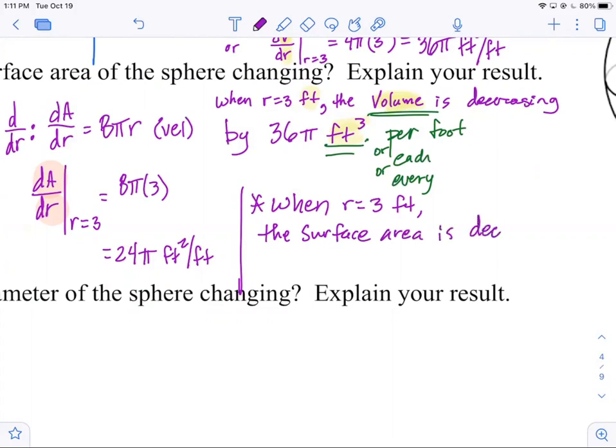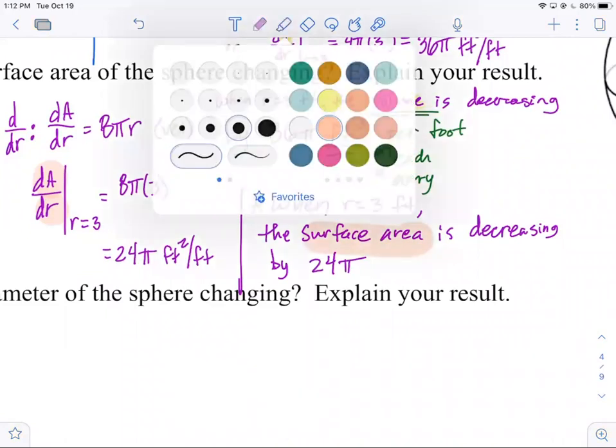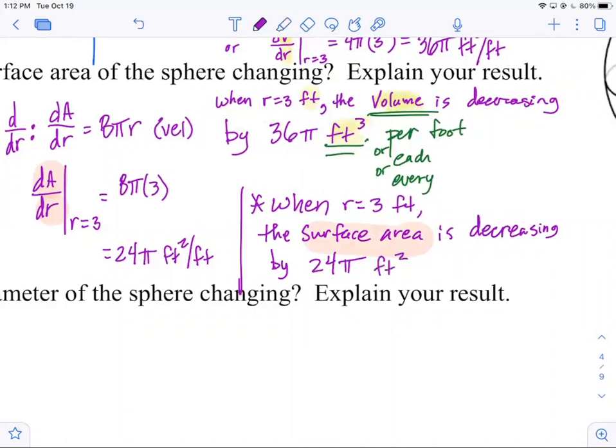Everything's getting smaller. Is decreasing by 24 pi. And then what units would we put at the end? Can I just throw feet squared slash feet? Feet squared per. Very good. Units of surface area, which is going to be square feet, and then per foot.